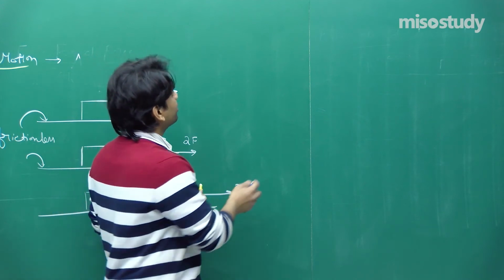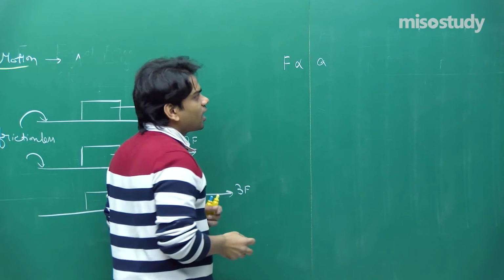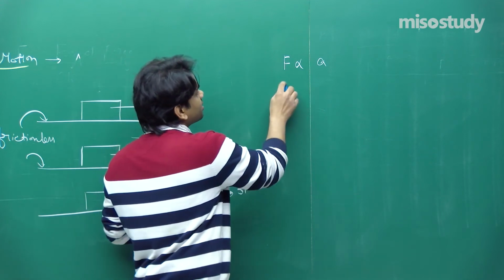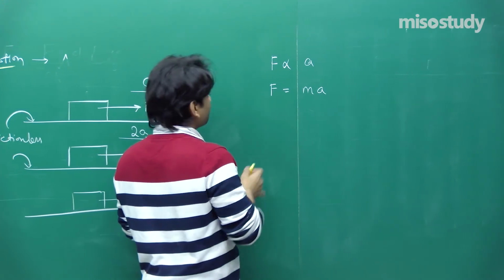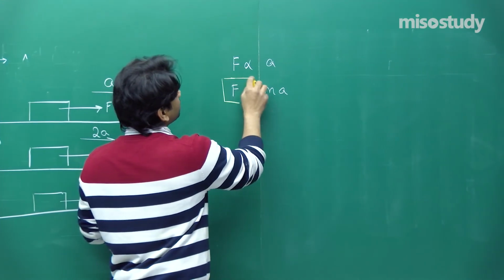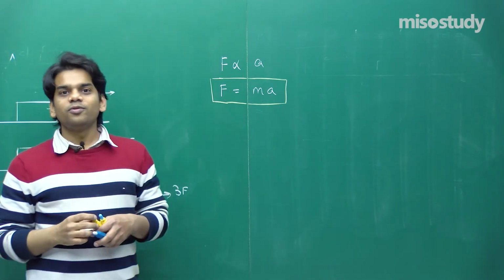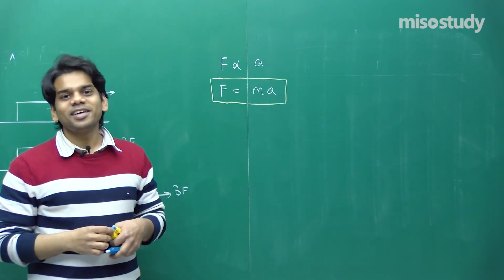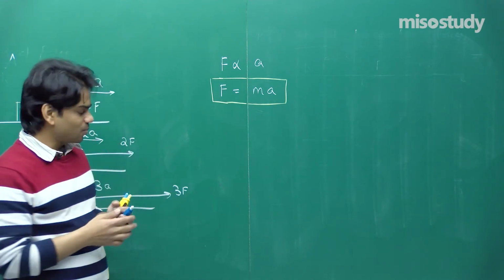That is, force is proportional to acceleration produced, and the proportionality constant he used is the mass of the object. So this simple statement is the statement of the second law: the force applied on an object is equal to the product of mass and acceleration produced in the object.